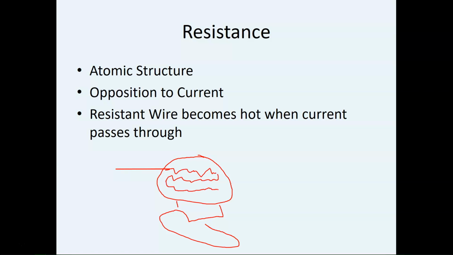Whenever the heater is turned on, that wire gets red hot and throws off heat into the room to help heat the room. So this is what we use resistant wire for, and this is something we use very frequently.